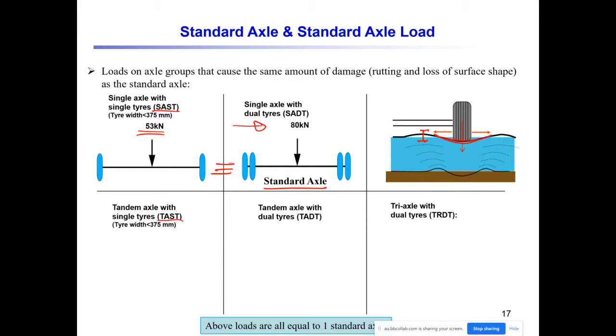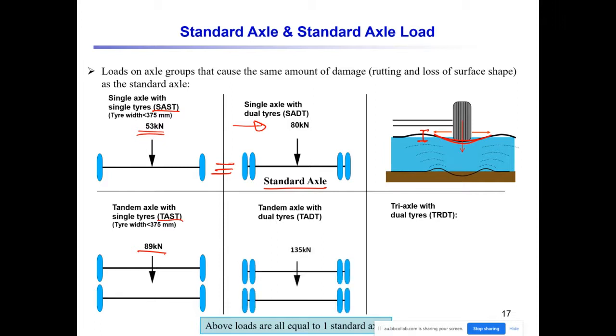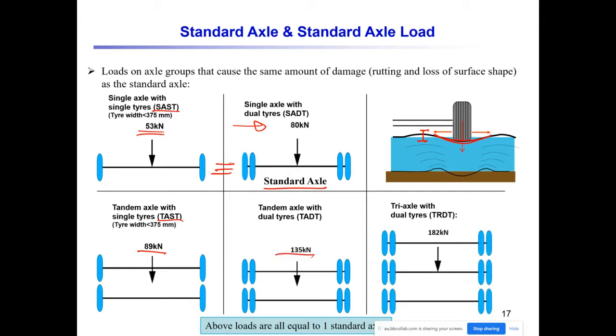How about for tandem axle single tire? Again, they conducted tests and derived 89 kilonewton. If you put 89 kilonewton on that, you will get the same level of deflection. For tandem axle dual tire, the value is 135, and for triaxle dual tire, the value is 182 kilonewton.